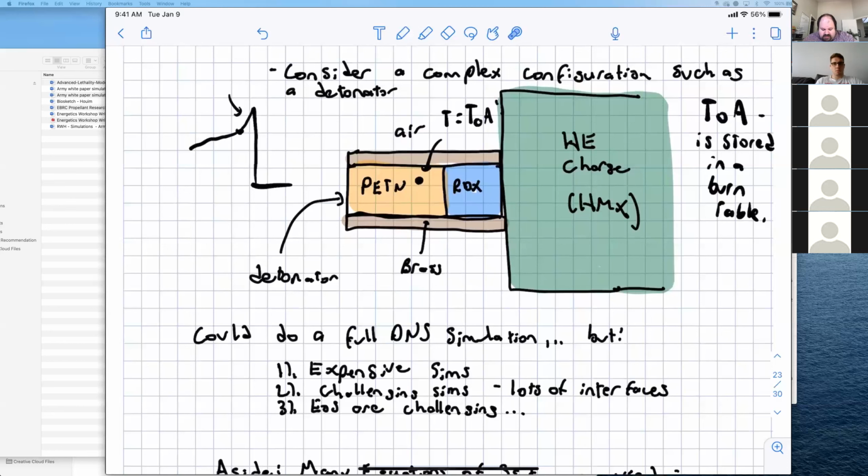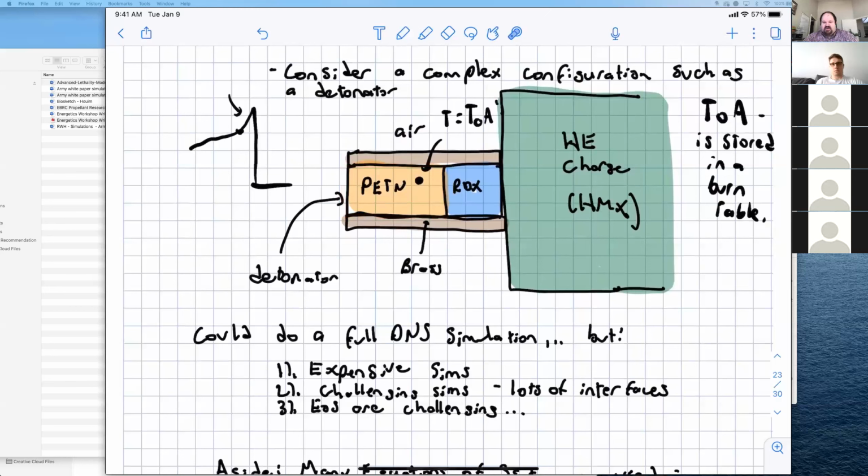And one other gotcha with JWL and other explosive equations of state is that the parameters for them are a function of the explosive charge. So basically, if you run CTH or a code like it, you'll see that for every different material, there are different products. And the reason for that is that the products of, say, the Penton detonation are a JWL gas, and the products of RDX detonation are a different JWL gas with different A's and B's and C's and things like that.